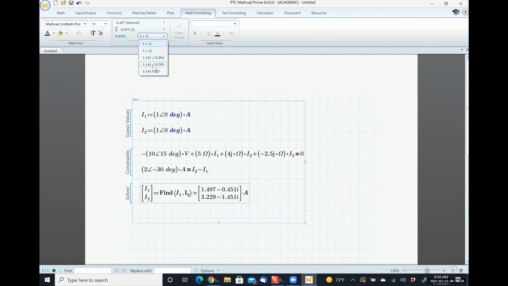Then we have polar form with our angle in radians. And finally, we have polar form with our angle in degrees, which is what we use. So we can see that we get 1.563 angle negative 16.769 degrees amps for I1 and 3.54 angle negative 24.199 degrees for I2. So let's circle back around real quick.